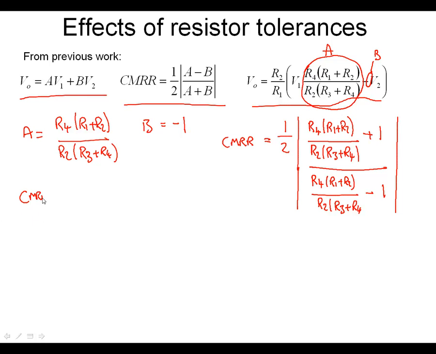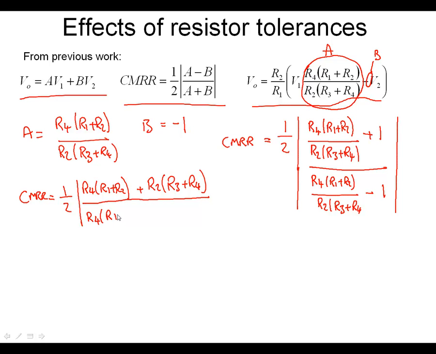So common mode rejection ratio equals 1/2 into R4, R1 plus R2 plus R2, R3 plus R4, all divided by R4, R1 plus R2 minus R2, R3 plus R4.